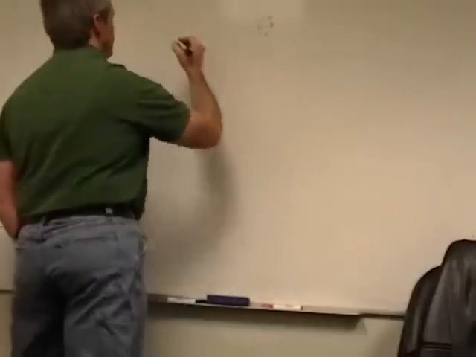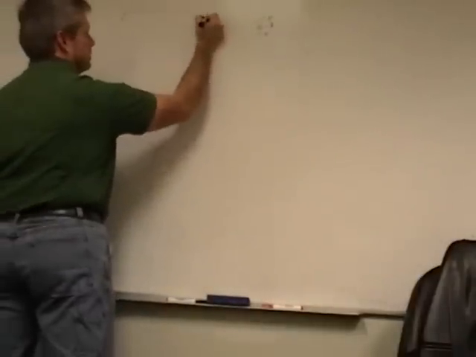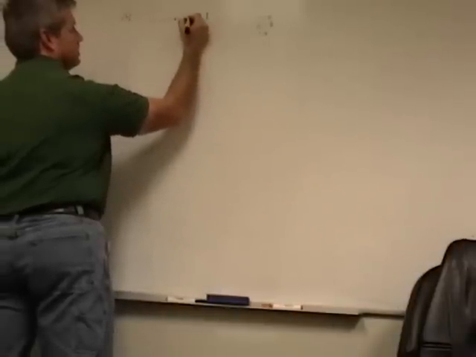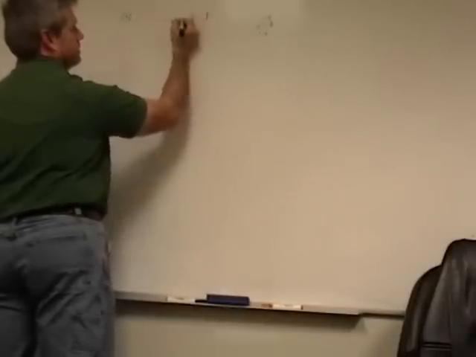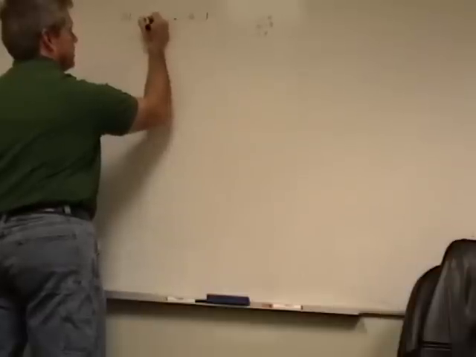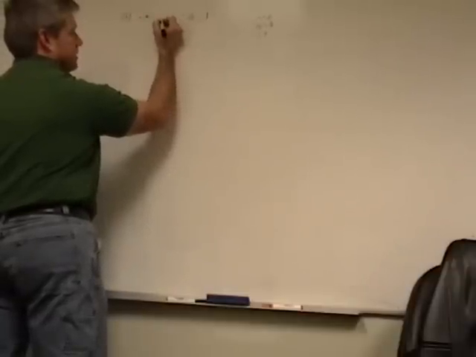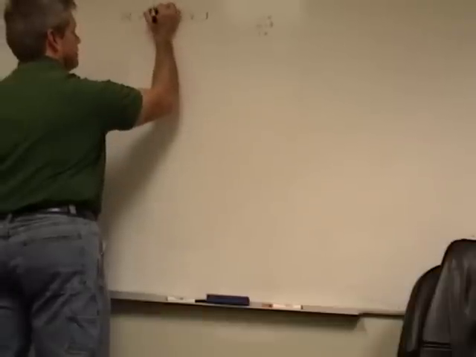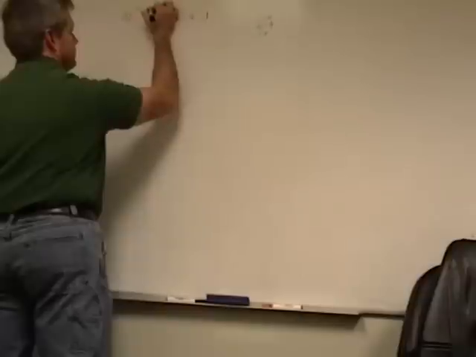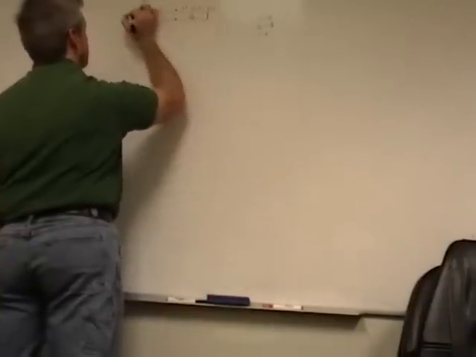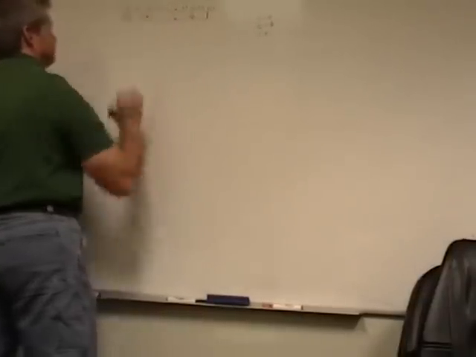So my registers then look like this: sign bit, decimal point, q is 4 bits, and this is n minus q minus 1, which is 3 bits. So 1, 2, 3, decimal 1, 2, 3, 4, and a sign.